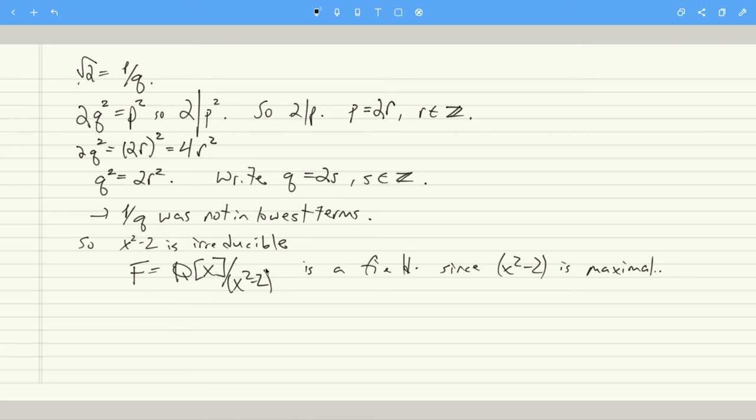Now let's finish off the question by noticing what the elements look like. Let the square root of 2 be the coset of x in this ring, which is in F. Notice that in this quotient F, which is polynomials mod x squared minus 2, whenever you see x squared, you can replace it by 2.